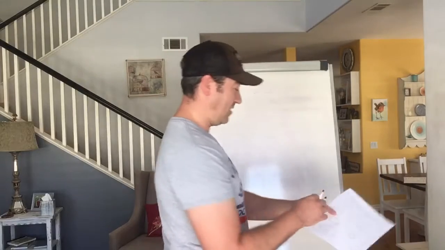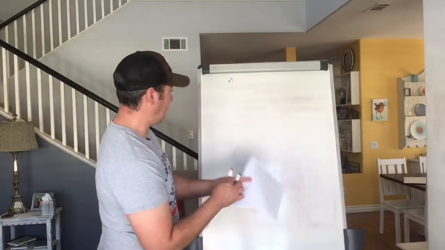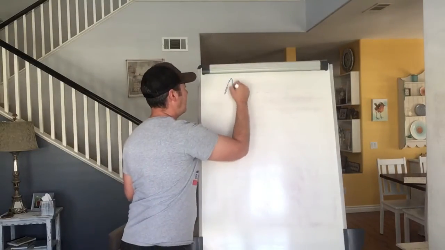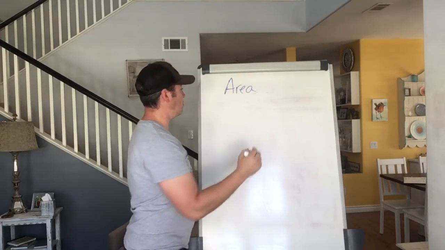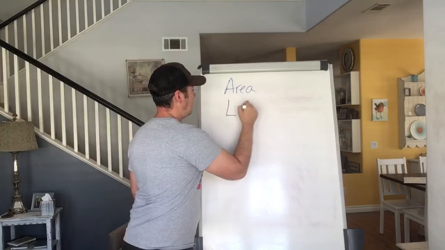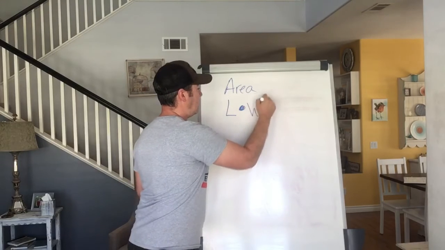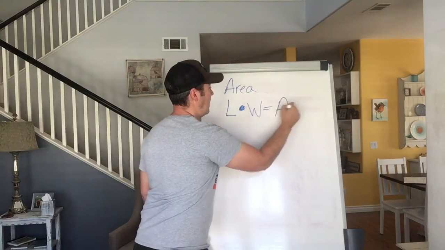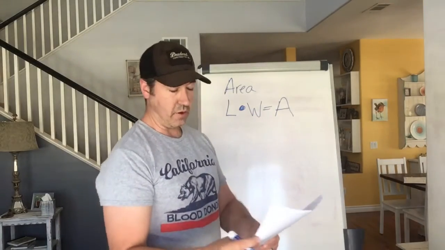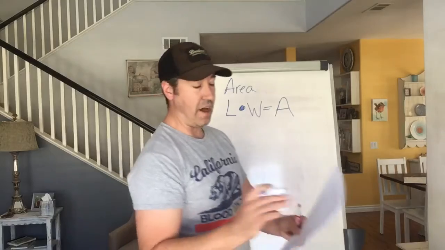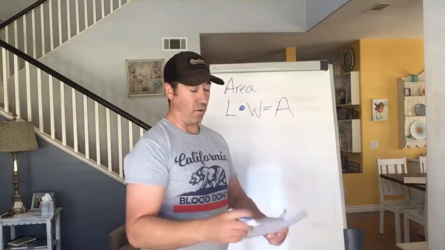All right, so here's our example. We're going to put our formula up there. We've got area. And our formula for the area of a rectangle or square is length times width equals area. So on exercise number 1 in the area unit, you guys, I put down 5 problems for you to work on and 1 example.